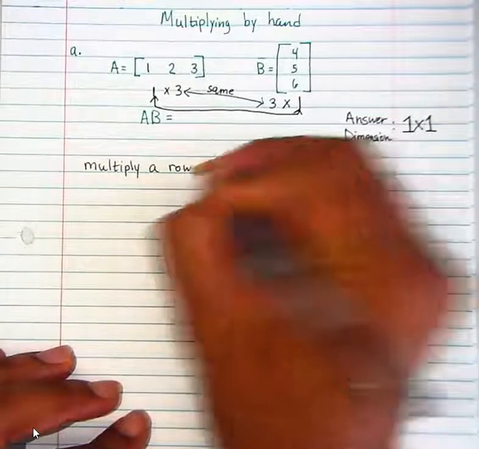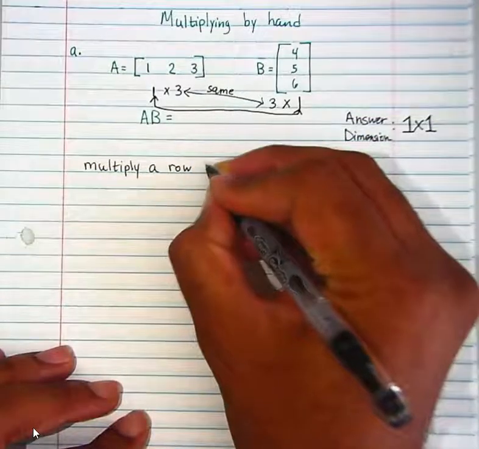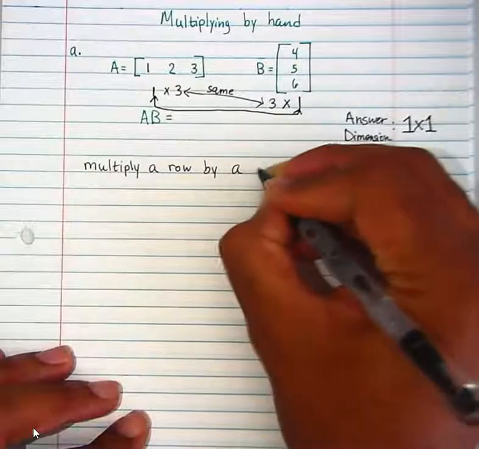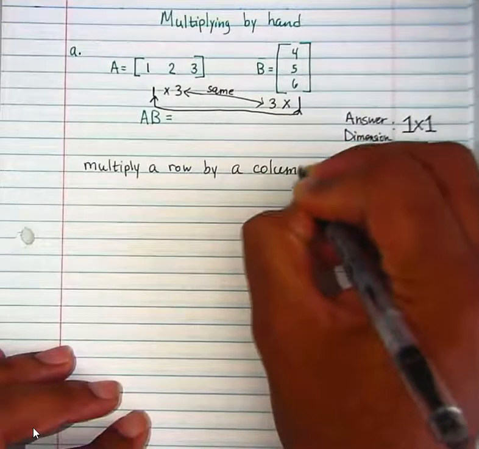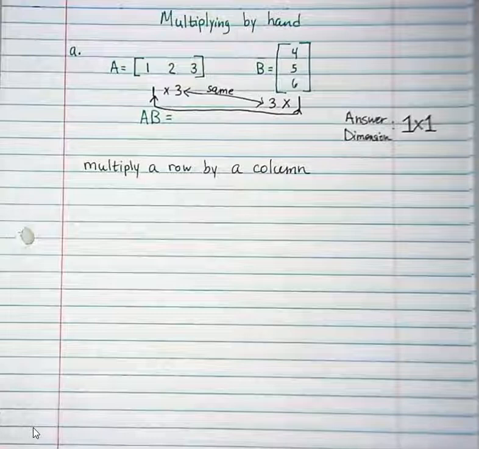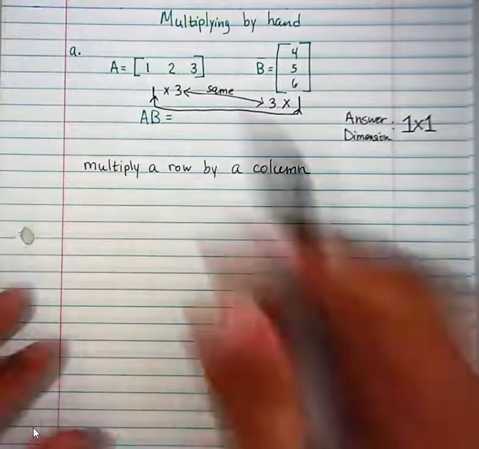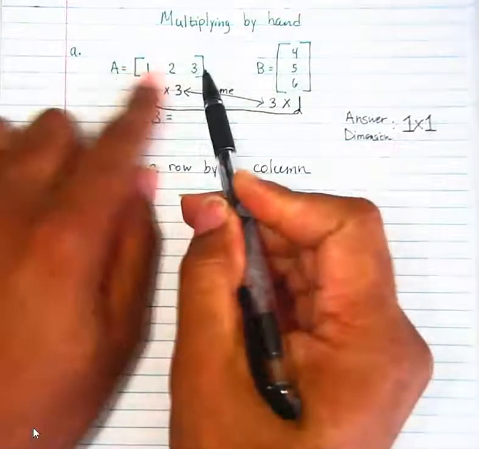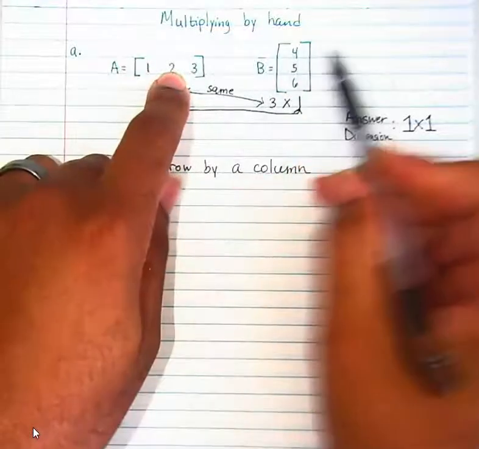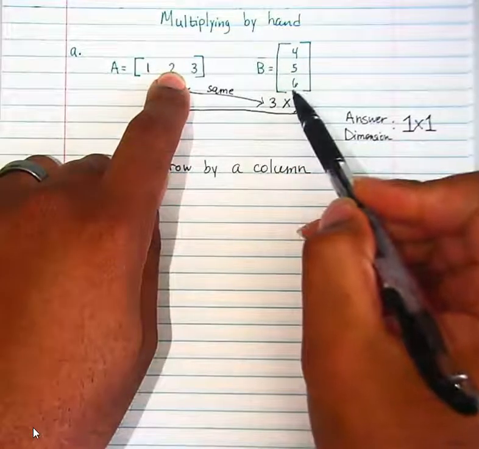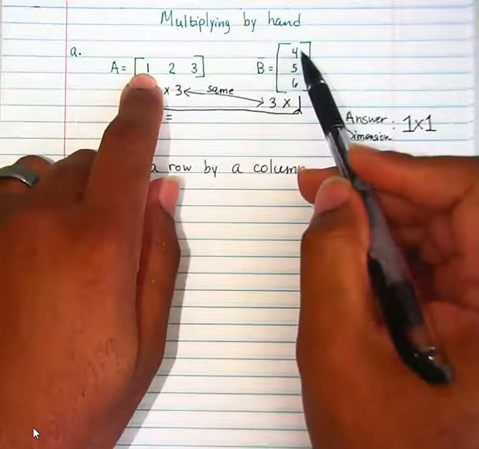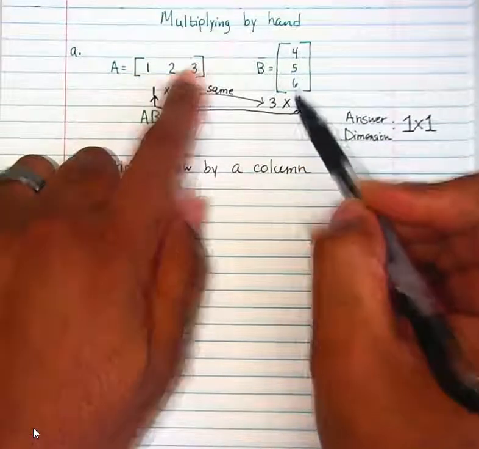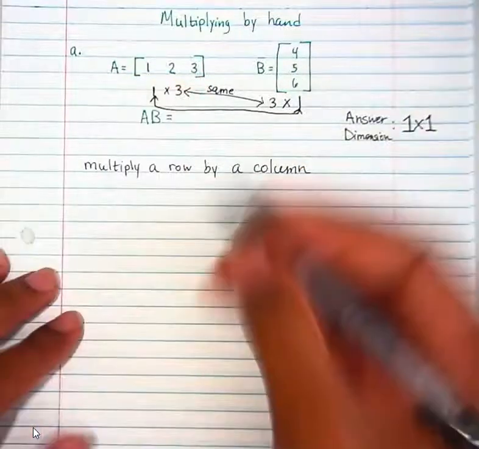We're going to take this row here, and since it's only one row, we're going to multiply that by our column right here. So we're going to do 1 times 4, 2 times 5, and then 3 times 6.